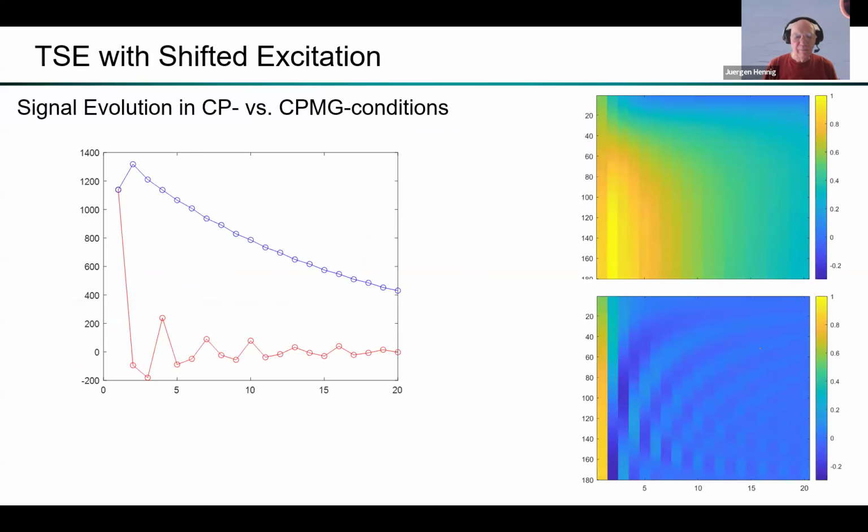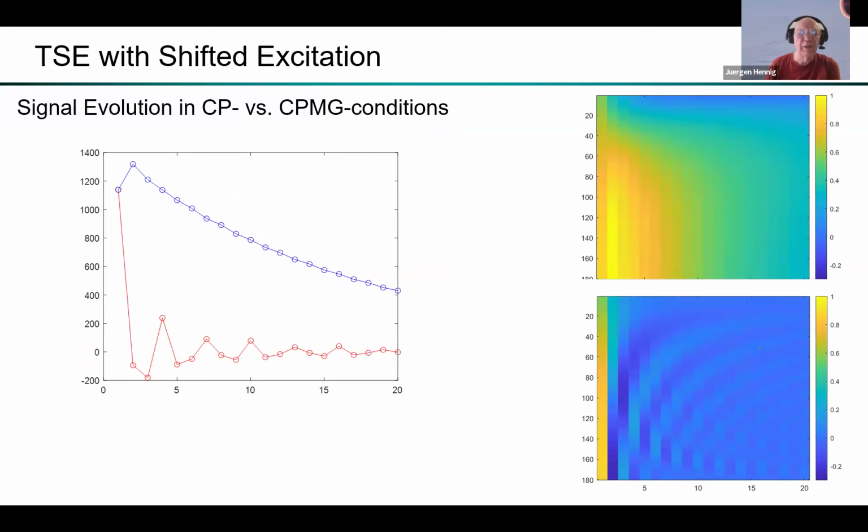So for the next implementation, which is one where I have been putting up quite some work recently, I made use of the fact that signal behavior in a multi-echo train changes very much if you change the phase of the respective pulses.